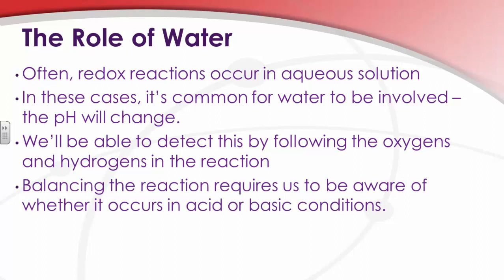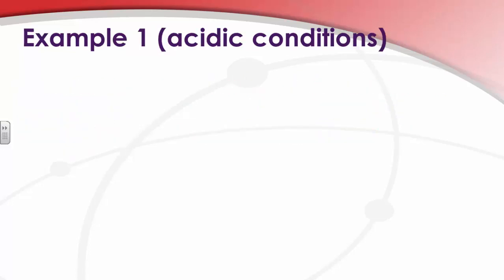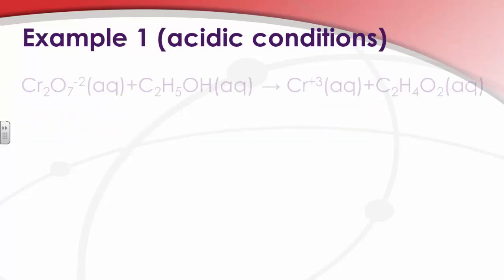And when we balance it, to get an accurate representation of the reaction, we have to be conscious of whether it's an acid or basic solution. When we're working in acid, we're going to balance the reaction the same way as we do in gas phase, but then we're going to work with oxygens and hydrogens. This will become more obvious in a second.